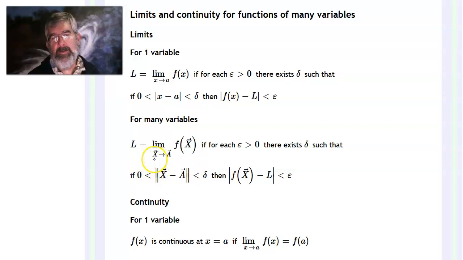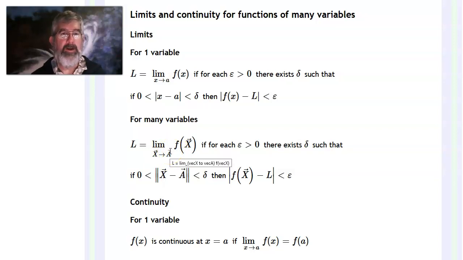I'm going to let this vector capital X represent essentially a vector with all your variables in it. If you've got three variables, it might be x, y, z. If you've got many variables, you might call them x1, x2, x3, all the way up to xn. And then A is going to be the point that we're approaching. This is vector A, so it has as many components as you have in the space you're dealing with.